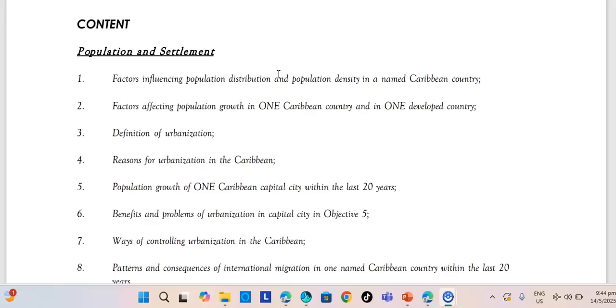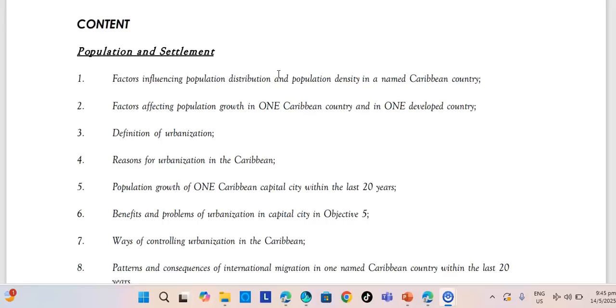So if you live in flat coastal areas like Kingston or Montego Bay or Ocho Rios, those areas have high population because it's easier to build roads, houses, and businesses in that area. If you live in mountainous areas like the Blue Mountains, do you think we'll have more people living in the Blue Mountains area or fewer people?